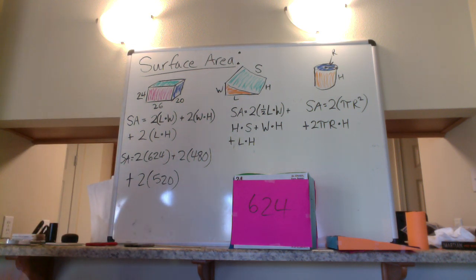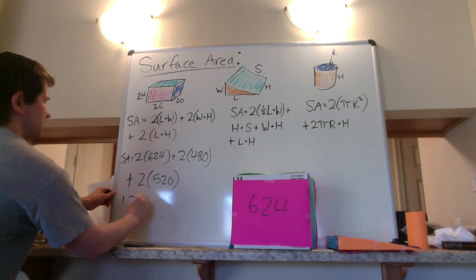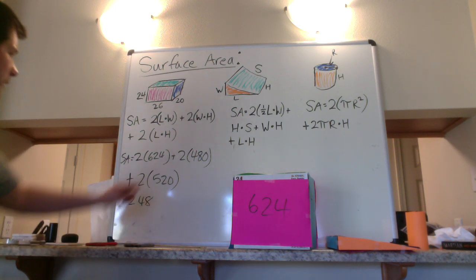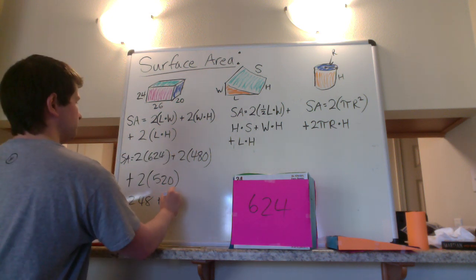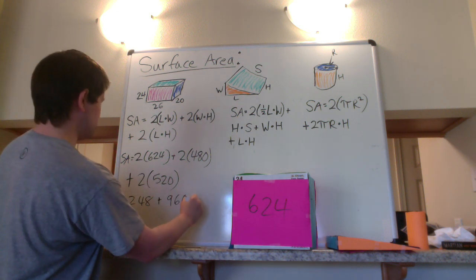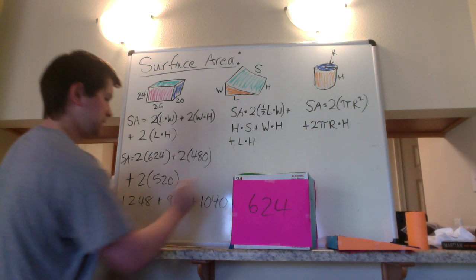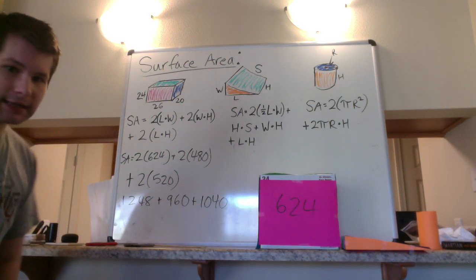Now let's calculate this all out. 2 times 624 is 1248. Then 2 times 480 is 960. And then 2 times 520 is 1040. Hopefully you can all see that.